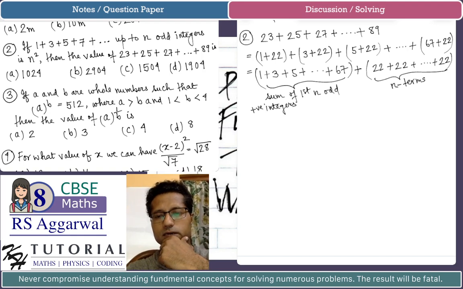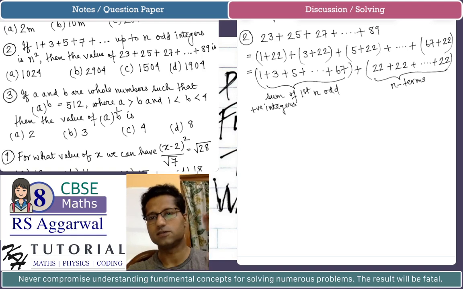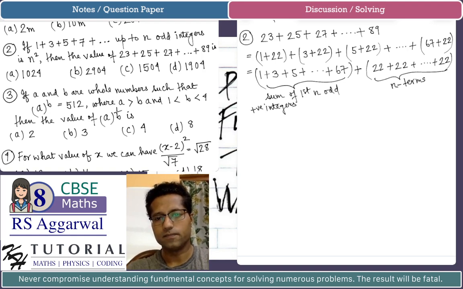Now how do we find n? We know that the last odd positive integer is 67. Let's try to understand how we compute n.